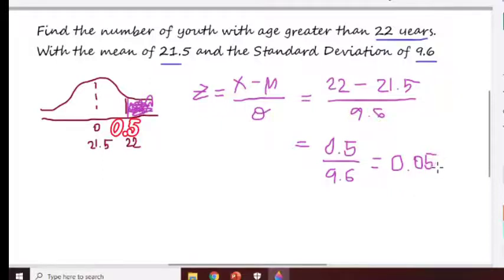Okay, so ganito. Ang pakay nyo naman kasi ay hanapin to the nearest hundredths kasi hahanapan nyo to ng corresponding area. Where the area, base sa aking table, ay 0.05.